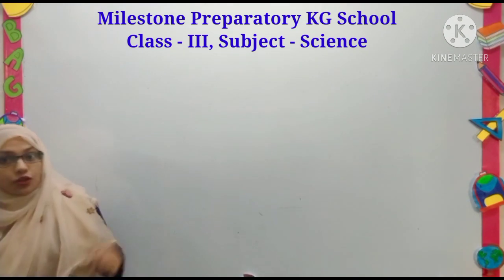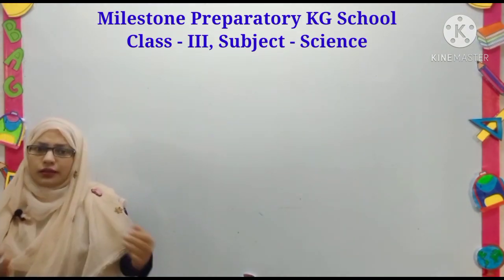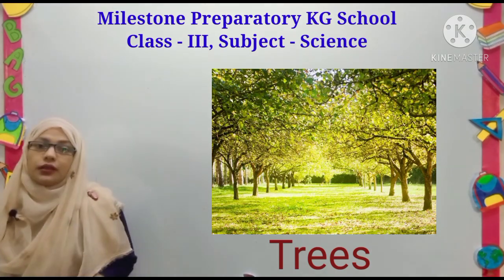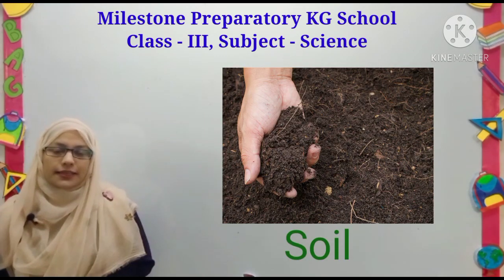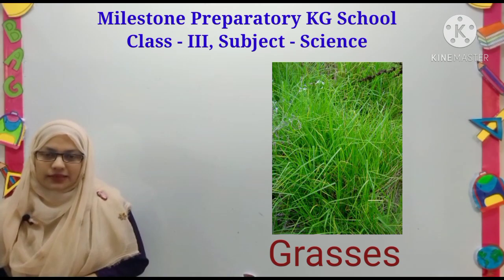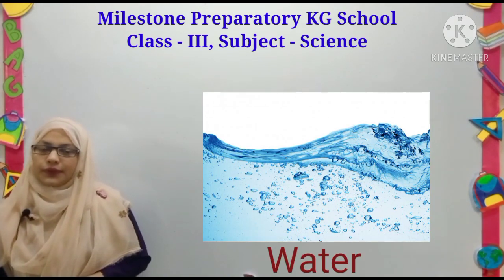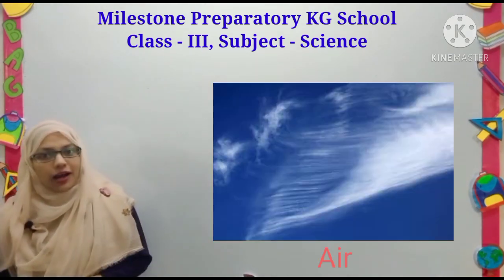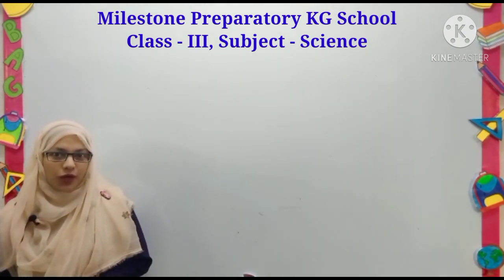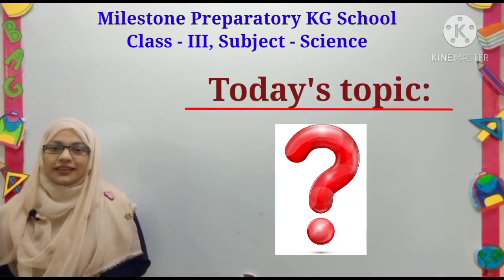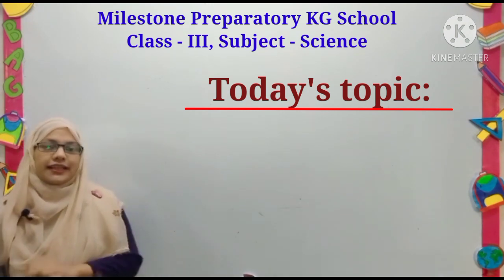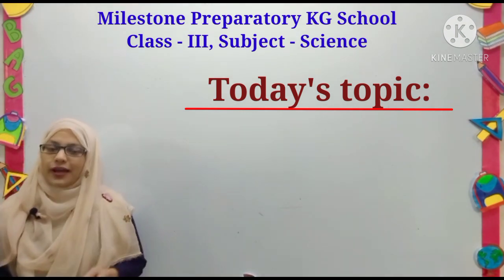And outside of this room, you can say there are many trees and soil, grasses, water, air, etc. Can you guess what will be the name of our today's topic? Yes, you are right. These all are the elements of our environment.